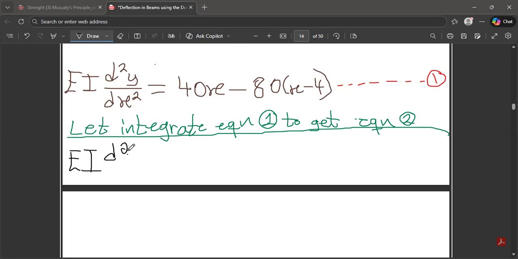So this is d squared y over dx squared. So after the first integral, we are going to be left with dy dx, which is now going to be equal to what?